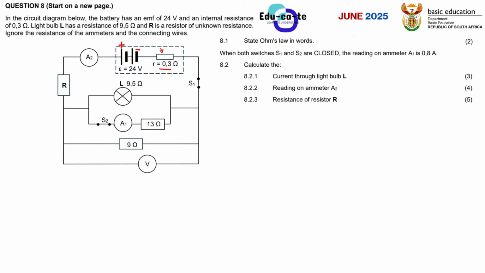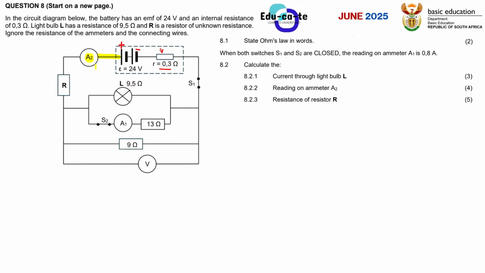Now when we analyze our circuit, we know that the direction of conventional current is from the positive terminal. So the total current is flowing out of the positive terminal and it passes through this A2, this ammeter A2. Remember that an ammeter is a tool that is used to measure current.